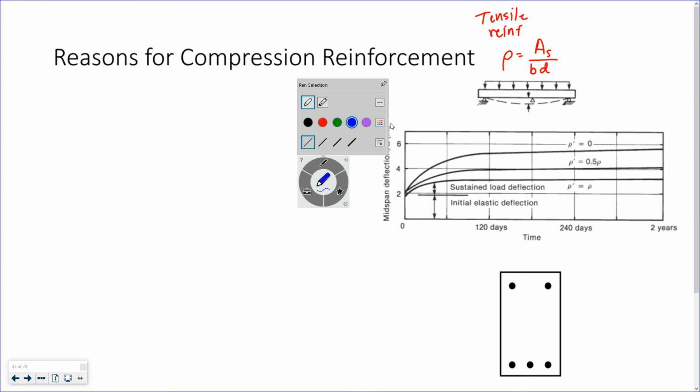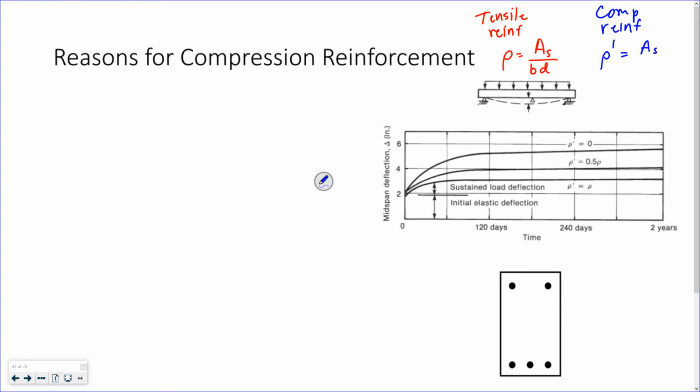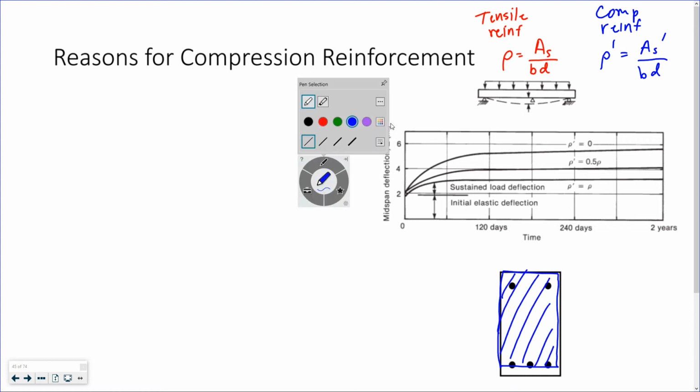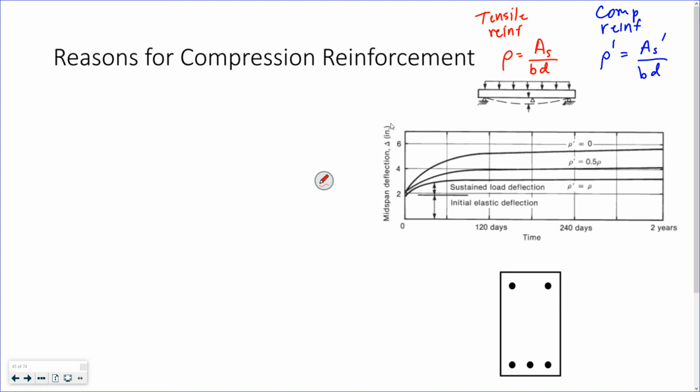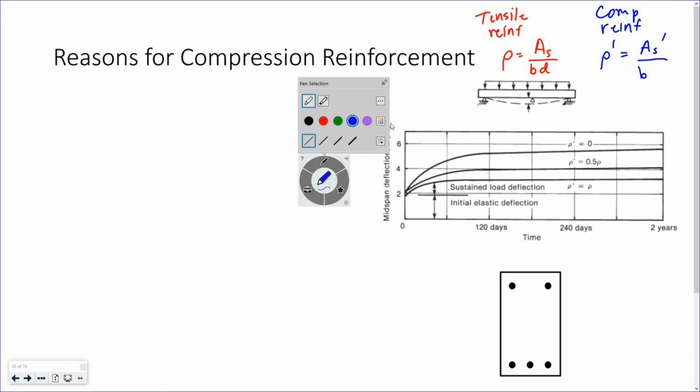Conversely, my compression reinforcement ratio, rho prime, is just the area of steel prime over that effective area, B times D. It's not D prime, because this is my effective area of concrete. Anything below that might as well not exist. It's just there for the ride. It's there to act as cover for my reinforcement.